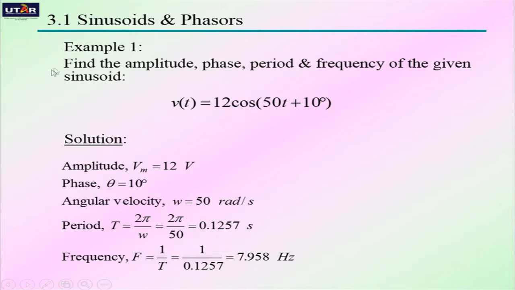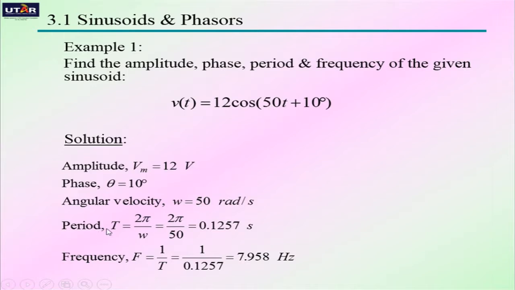Let's have a look at example 1. From this mathematical expression, we can see that 12 is the amplitude of the voltage waveform, and it has a phase difference of 10 degrees. The angular velocity omega is 50 radian per second.